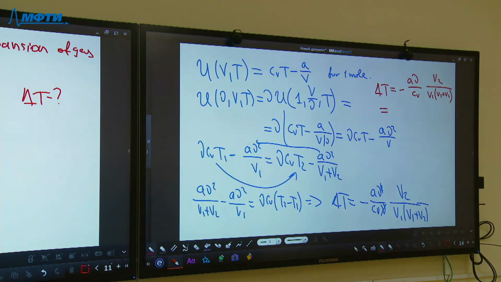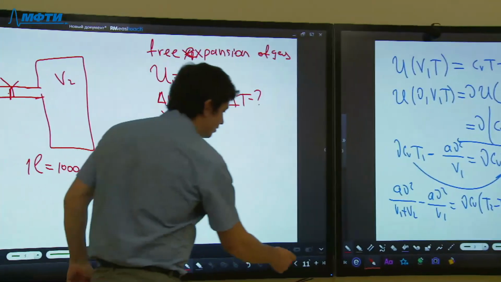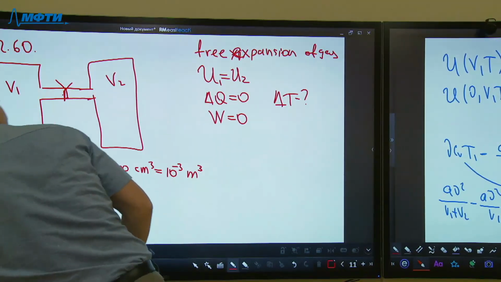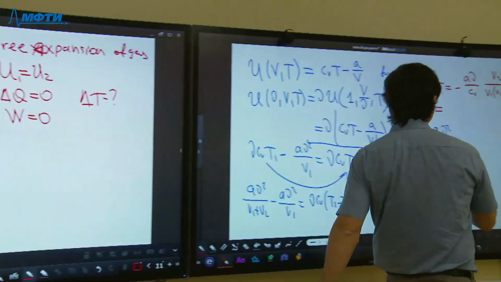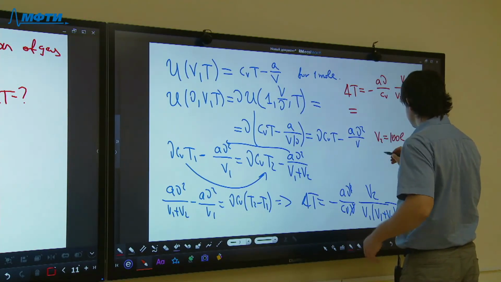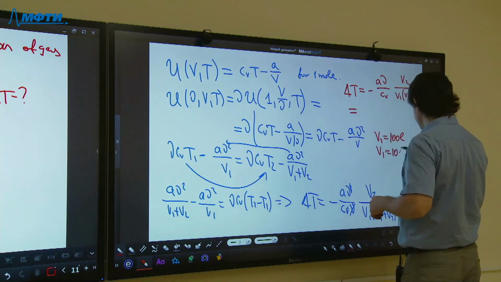Okay, we have 10 minutes left, so we can get this to the final answer actually. Okay, I'm going to write that V2 is 100 liters, V1 is 10 liters.